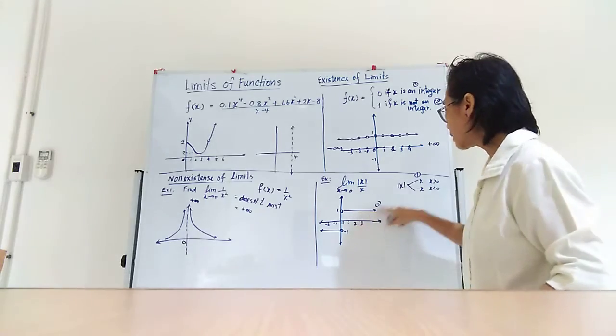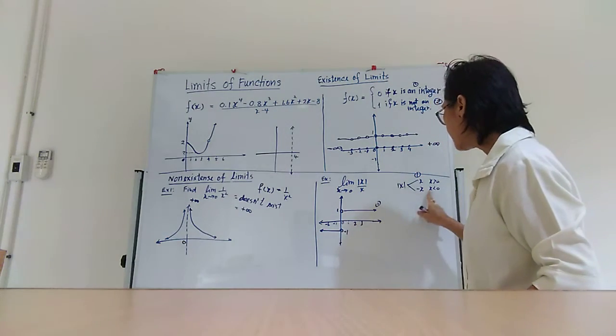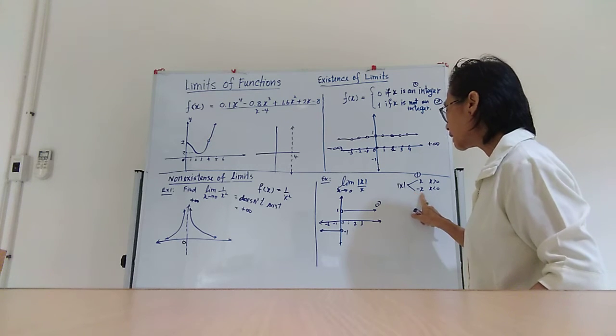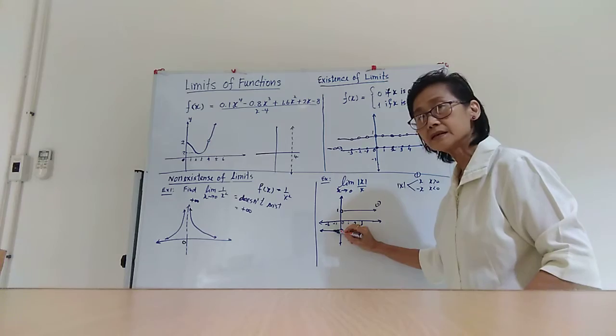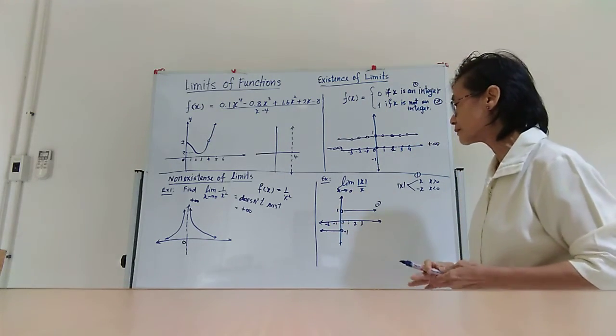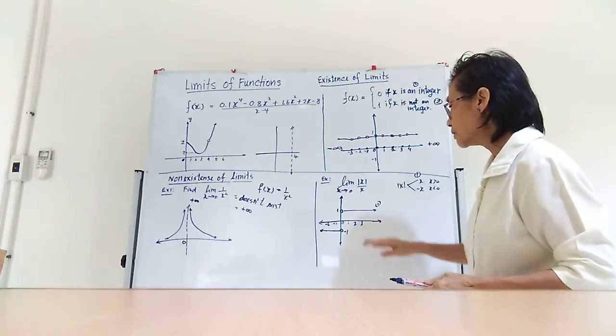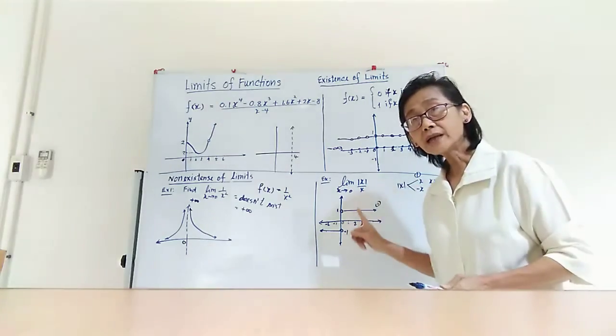So this is the graph belonging to the first function here. And then for this one, when x less than 0, absolute x equals negative x. So if x equal to negative 1, then it's going to be here. And x equal to negative 2 is going to be y equal to negative 1. Okay, so you can see this graph represents this limit.